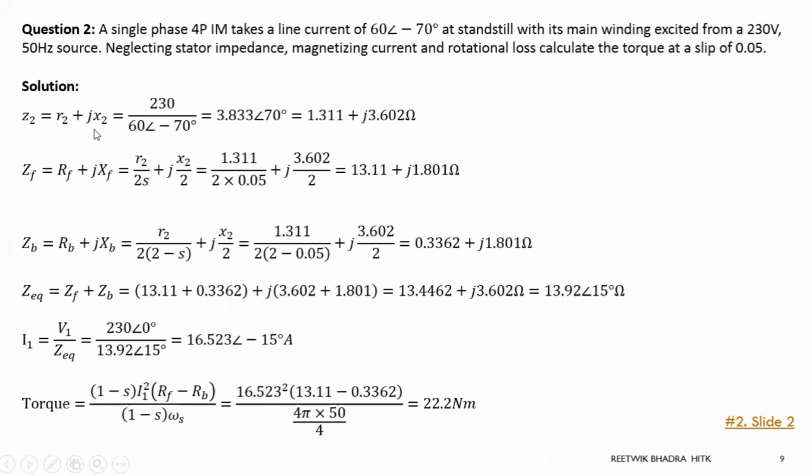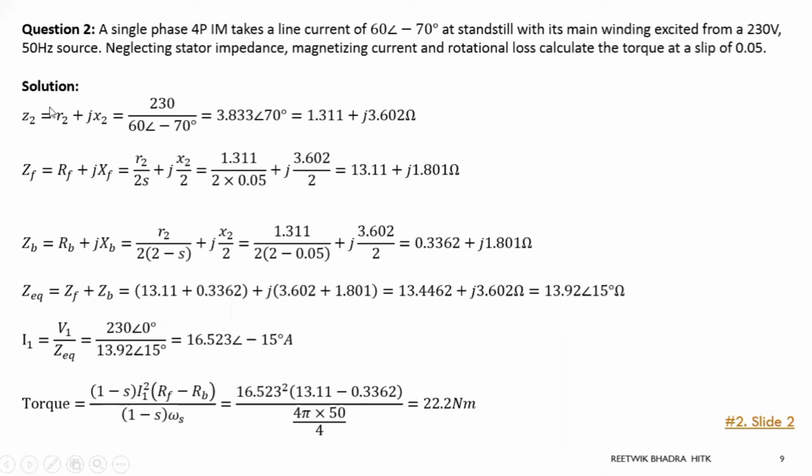Now, can anyone tell me why I have taken R2 plus Jx2 and not any other formula? What should be the alternate to this formula? What should Z2 be written as in general form? Think about the normal induction motor.